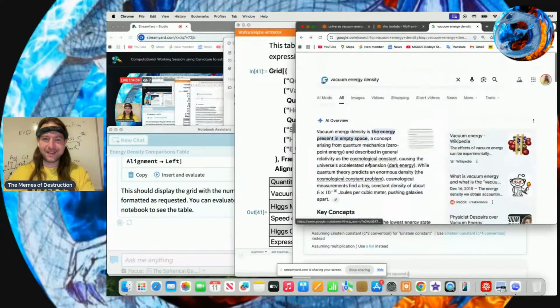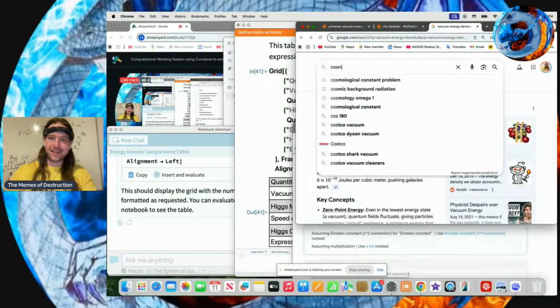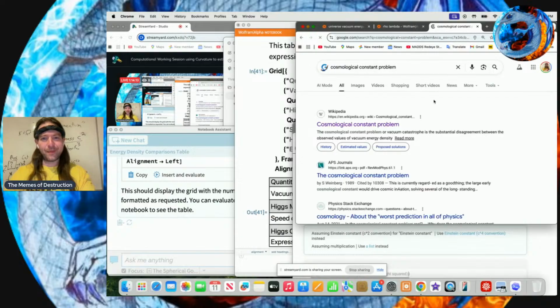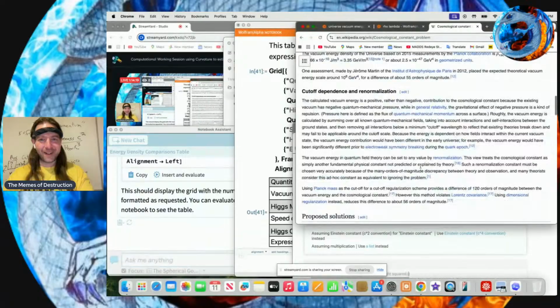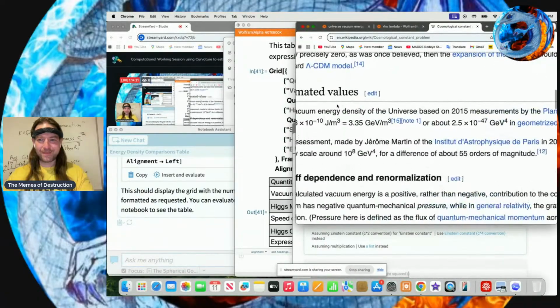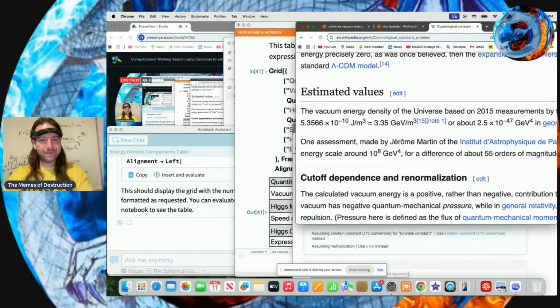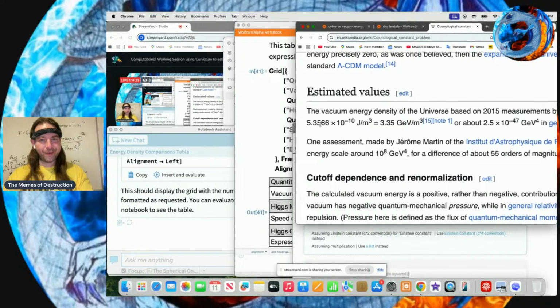It's in the cosmological constant problem. You may or may not visit this place often. Okay, they also have the new data. 5.35 times 10 to the minus 10 joules per cubic meter.